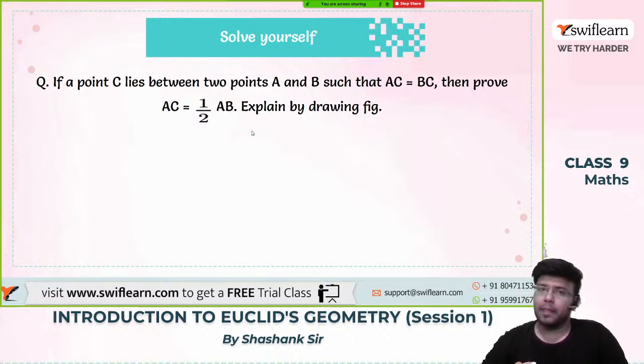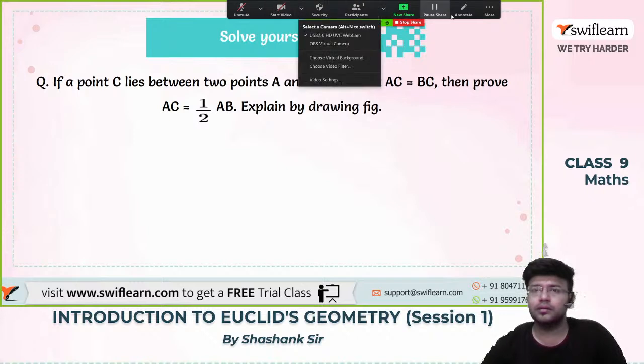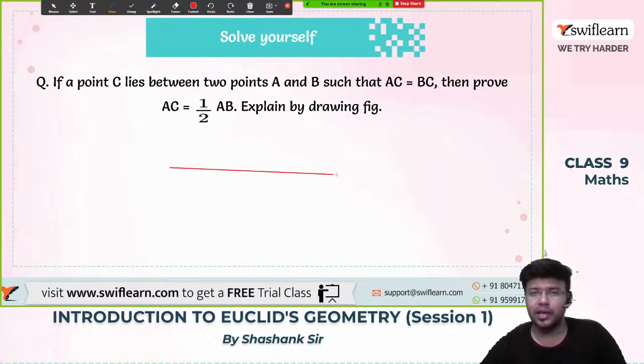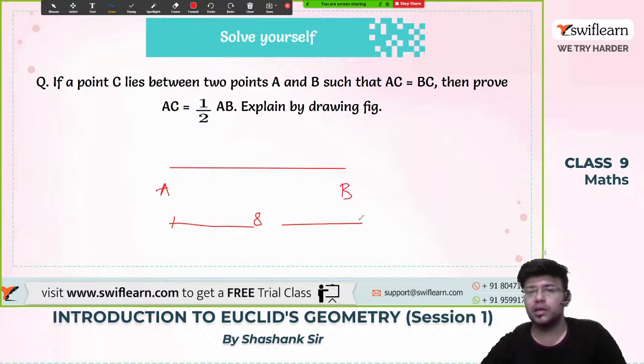Now let us draw this line. A and B. Let this be equal to 8 centimeter. So how much is AB? AB is 8 centimeter. If a point C lies between the two points, between means exactly center.